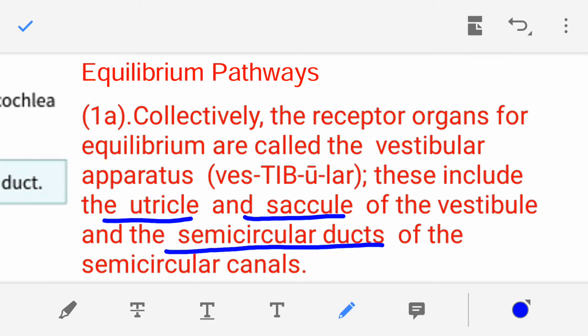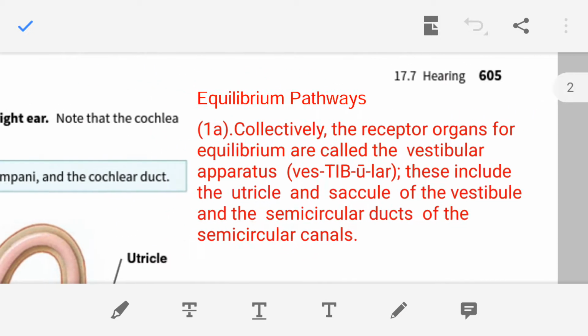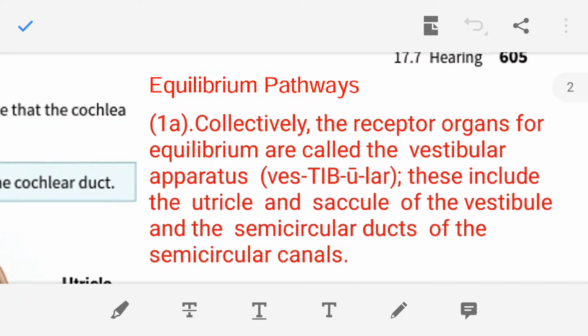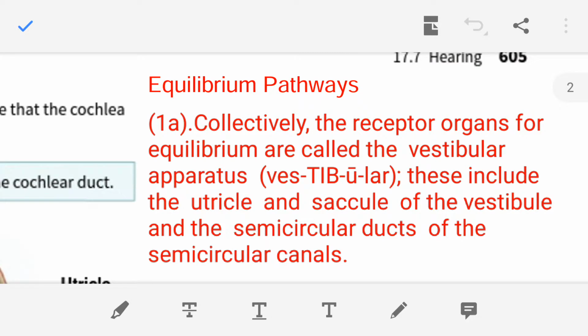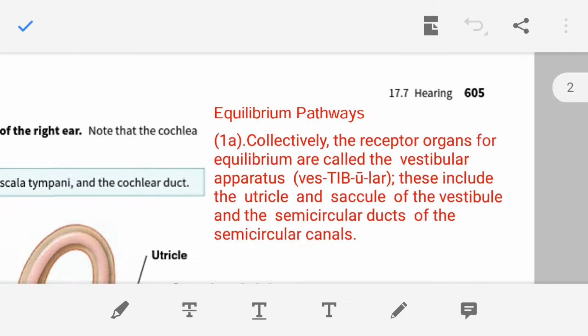And in all these receptor organs, the main cell responsible for equilibrium, which releases the neurotransmitter, is the hair cell. So we know about the hair cell. In all these organs, utricle, saccule and semicircular ducts, hair cells are present.